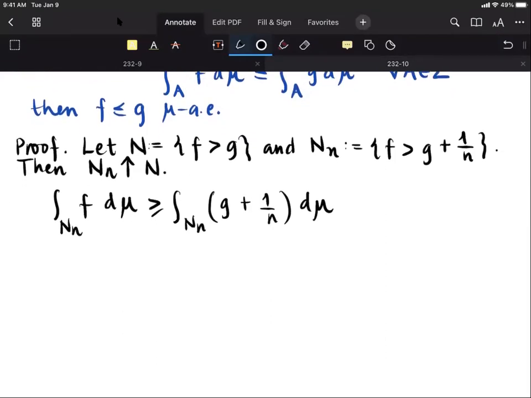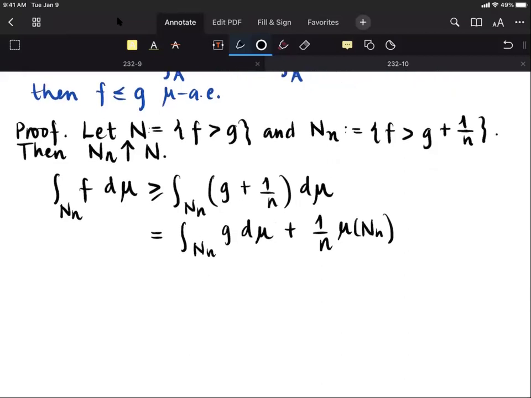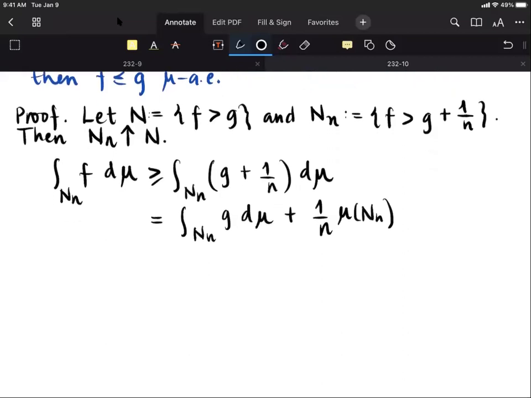And this is equal to, by the linearity of the Lebesgue integral, the integral of g plus 1 over n times mu of N sub n.